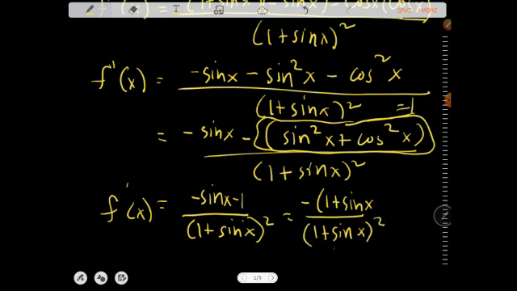Di ba this 1 plus sine of x squared, we can make it quantity 1 plus sine x times 1 plus sine x. So, now we can cancel this. One 1 plus sine x will remain below. So, this would equal negative 1 over 1 plus sine x.